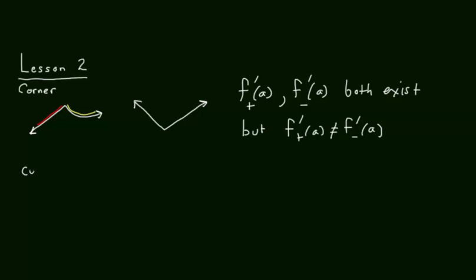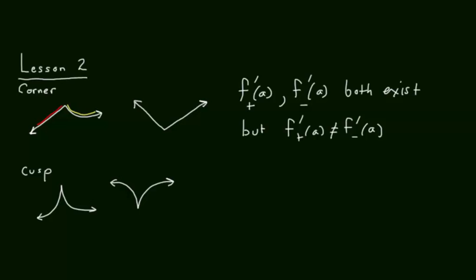Next, we have what's called a cusp. Now, cusp is like an extreme corner. It comes up and goes back down. Perhaps if you were drawing like a bird, a seagull or something, you might draw it like that.